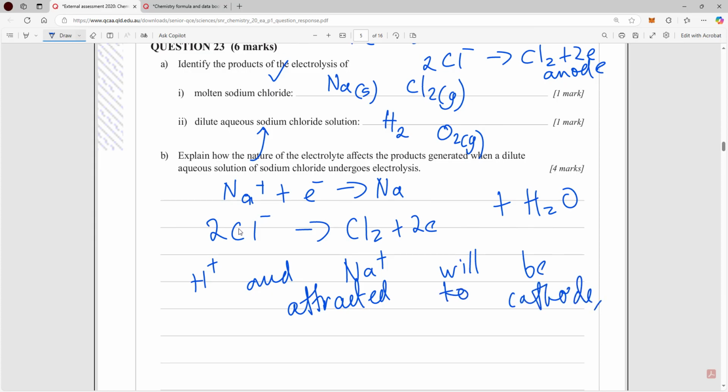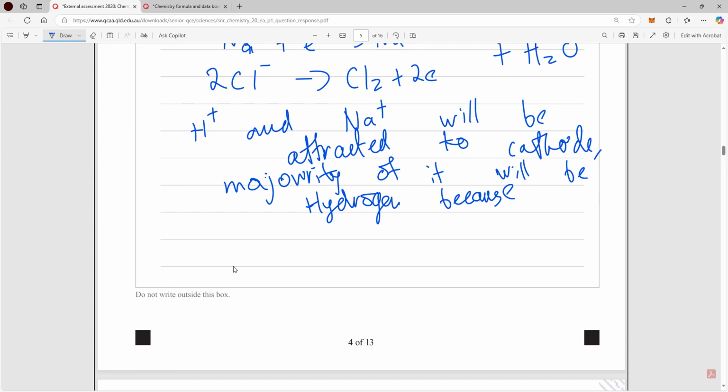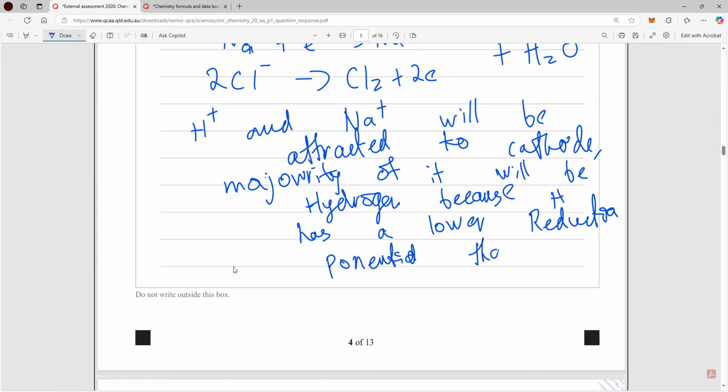Like I said before, majority of it will be hydrogen, because hydrogen has a lower reduction potential than sodium. So that's why we'll have a significantly greater amount of hydrogen than sodium.